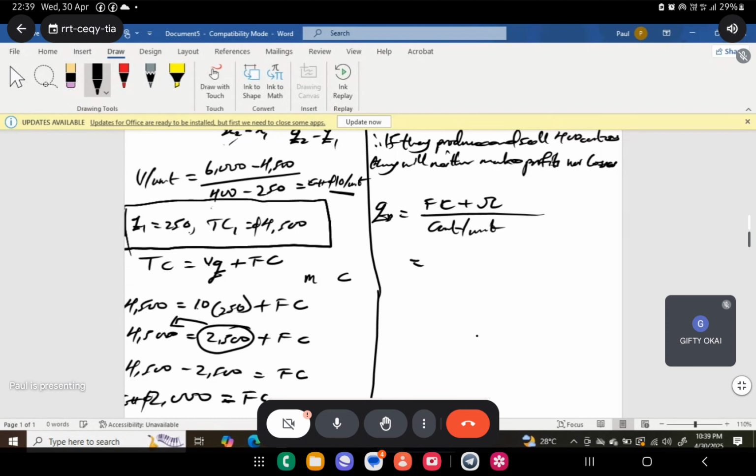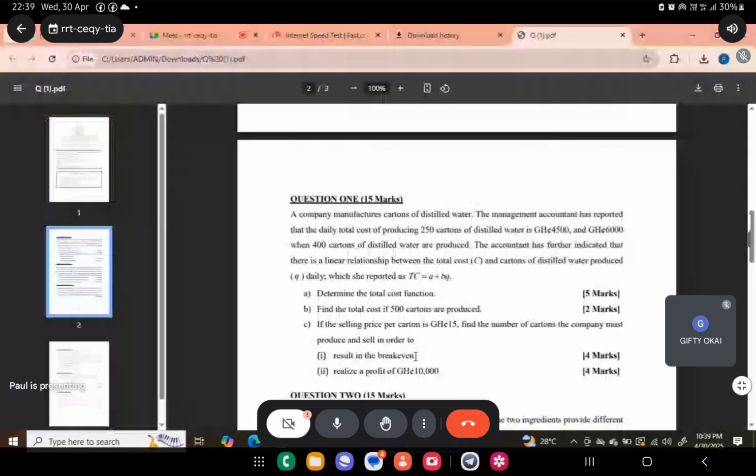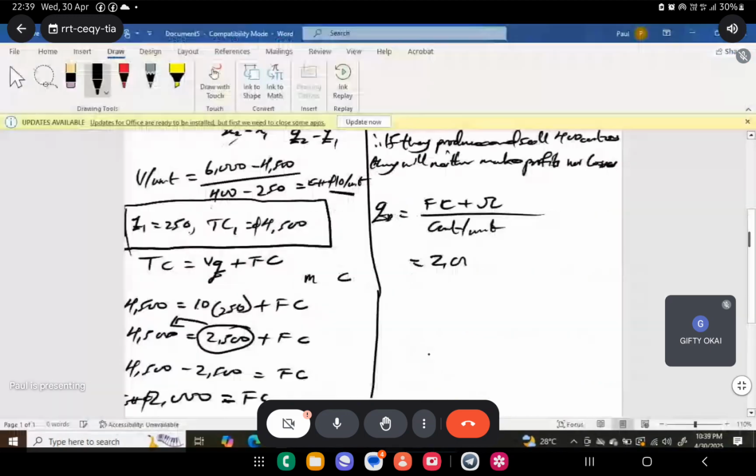So the profit here is 10,000, but we know our fixed cost to be 2,000, plus the 10,000 profit we are targeting, all divided by the contribution per unit. And what do we get?